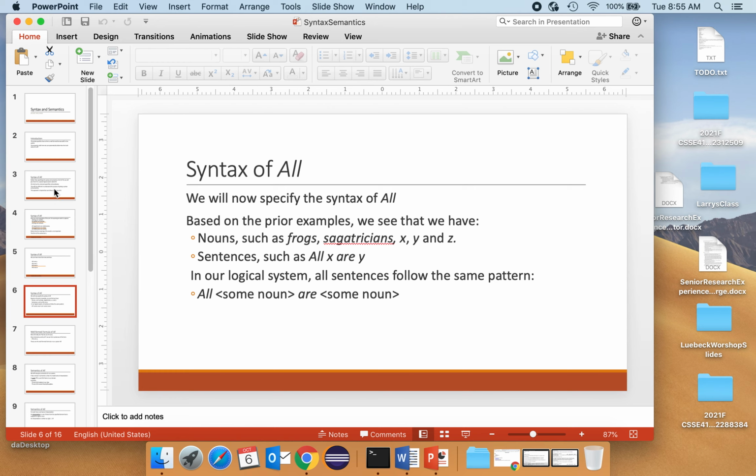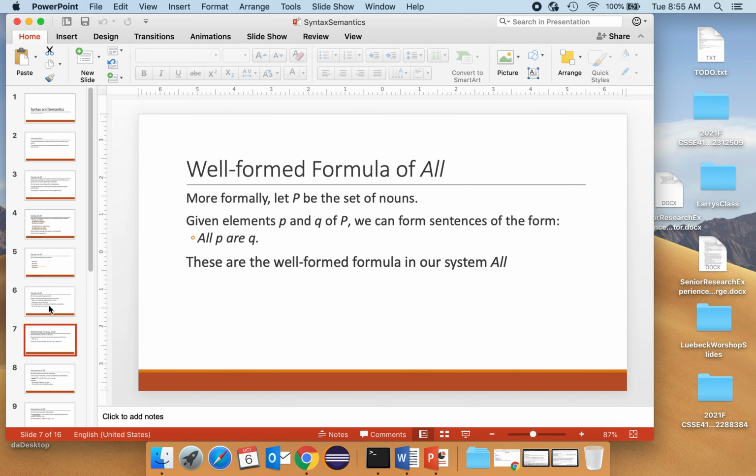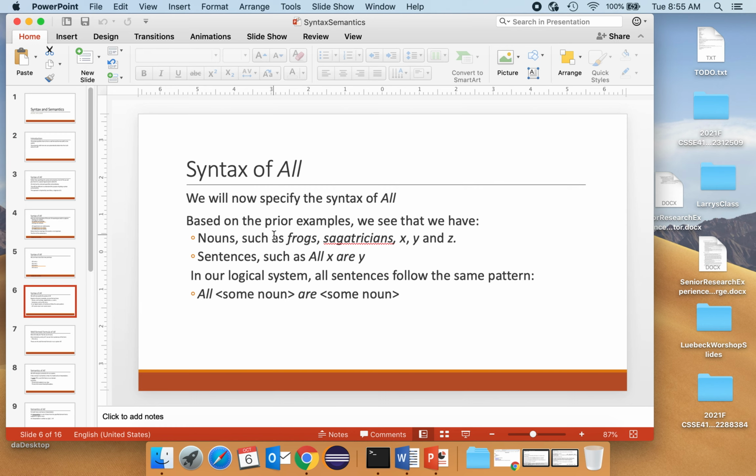We simply capture what is being said, all frogs are reptiles. So we don't have 'for all x, if frog x, then reptile x'. We'll just have a shorthand for that, if you wish. As such, we do not have to use a more complex syntax where we introduce variables. We just use nouns. And we have sentences such as all x are y, all frogs are sagatricians.